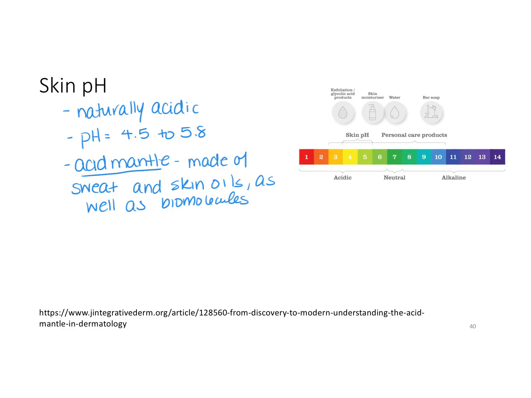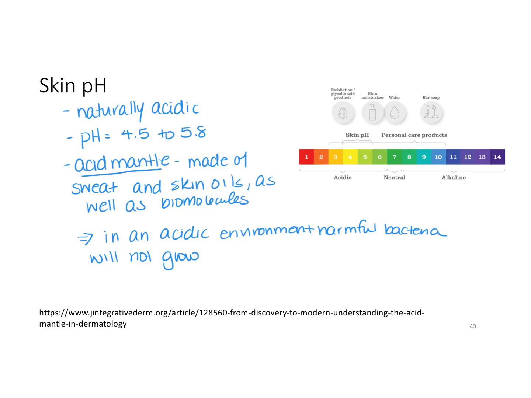Now, the reason this is important, it's super important for us, is that in an acidic environment, harmful bacteria will not grow. So the fact that our skin is acidic keeps this harmful bacteria from growing.